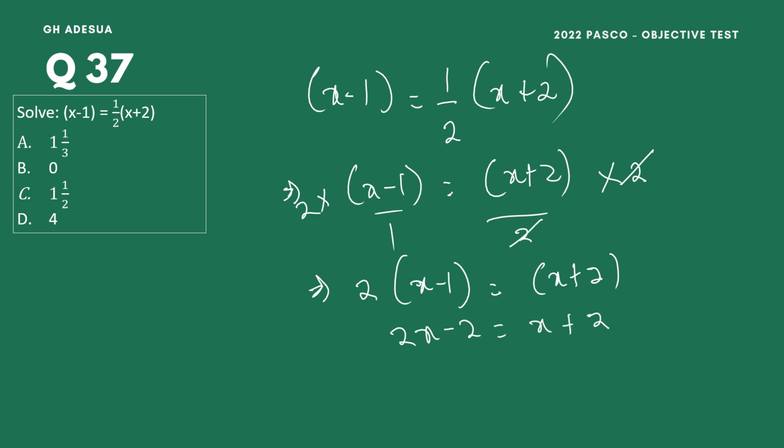Now put all the x on one side and all the numbers on the other. 2x minus x, since x crosses it becomes negative, and negative 2 crosses and becomes positive 2. So in this case, we are going to have x equal to 4. So the x value is 4.